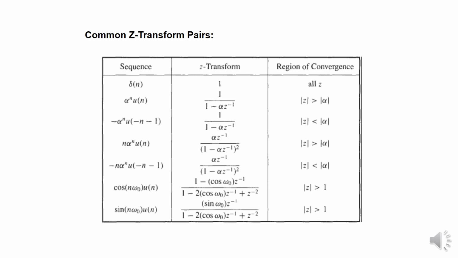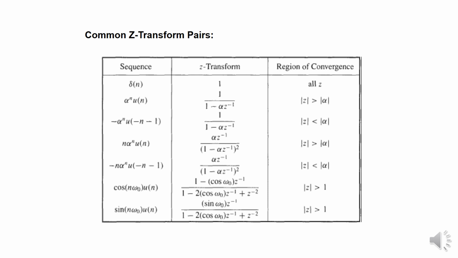Before going into the inverse Z transform, first we'll take a look at the table that I have given you previously. If you take sequence and Z transform, the Z transform of delta[n] is equal to 1. That means the inverse Z transform of 1 is equal to delta[n], in the first row.